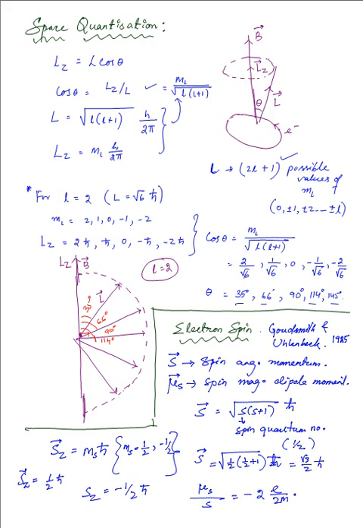The minus sign indicates that mu s is acting opposite to the direction of s, the spin angular momentum. And the factor 2 has come up in this case, as opposed to the case of the orbital angular momentum with respect to the orbital dipole moment.